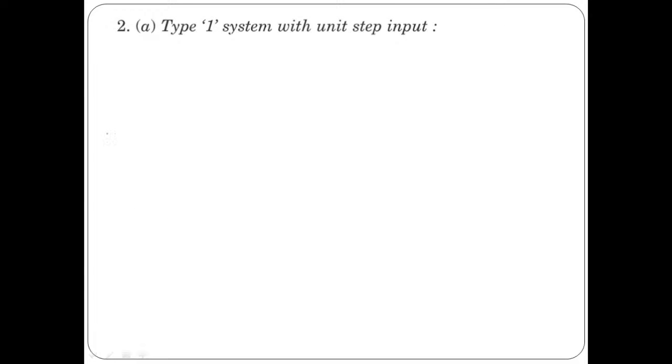Now let's switch the type of system. So instead of taking type 0, now we need to take type 1, and again apply the same topology. If you take unit step, what will happen? If you take unit ramp, what will happen? If you take unit parabolic, what will happen to the value of error coefficients and to the value of steady state error? The procedure you need to repeat once again.